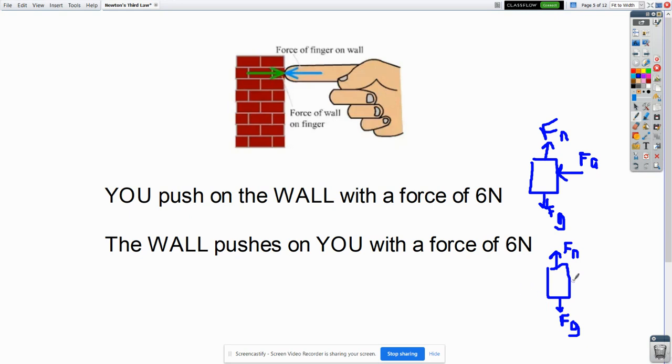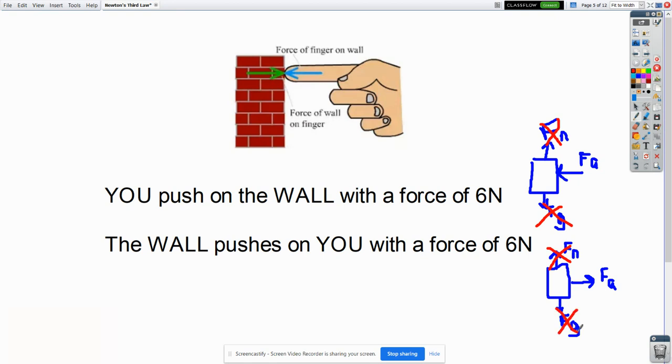And the wall is pushing back on you to the right. And you could draw that arrow on either side of the free body diagram. It doesn't matter if you do it over here, but it's got to be pointing to the right. There are some balanced forces here. Normal force and gravity can cancel out because they're going to be equal in size and opposite in direction.